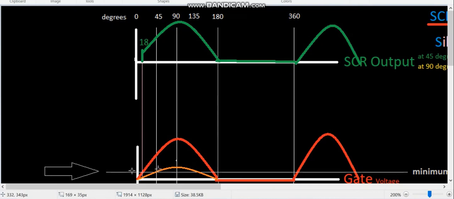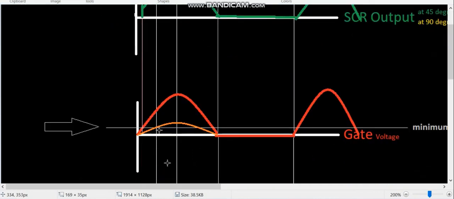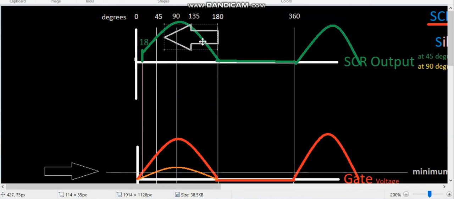So when I get to here, right where my crosshairs are, I've got an arrow out. Right at that arrow, you can see I've only just got to the minimum amount of gate current. Then it means it's not actually going to conduct until it gets to there, in which case this conduction would start right there. In other words, you wouldn't see any of this.